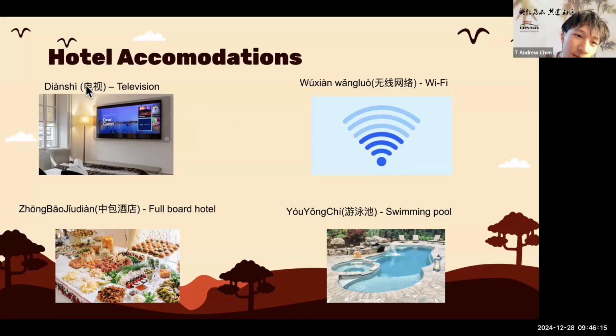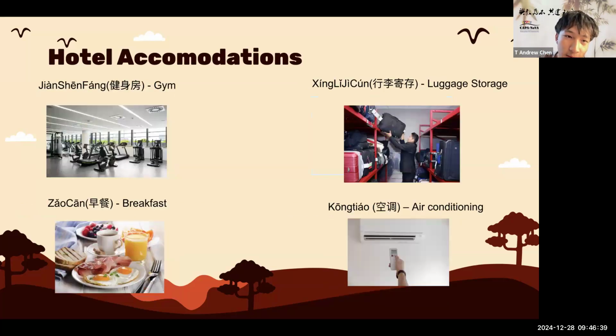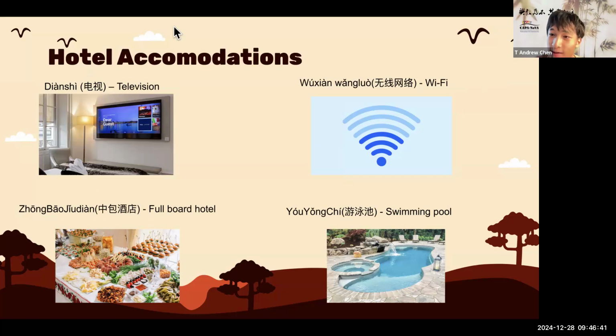So 电视, this 电 means electricity, and that's going to be in a lot of terms in Chinese you will learn later on, terms related to electricity and electronics. For example, 电灯 is light bulb. 电梯 from before was elevator, right? That's electric too. So 电视, 电, electricity.